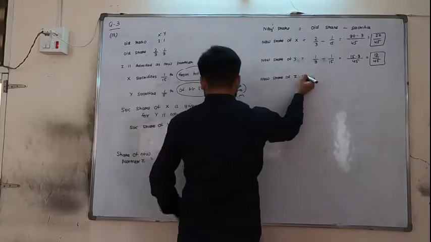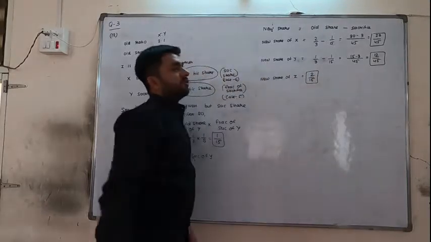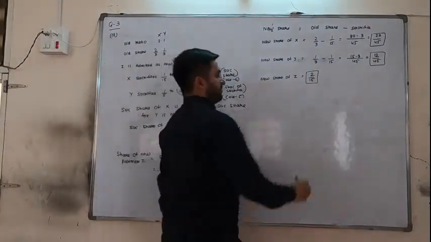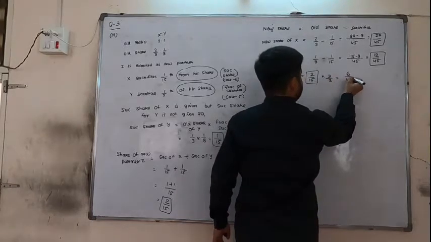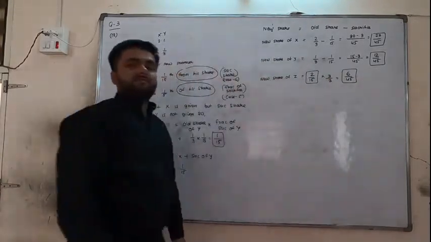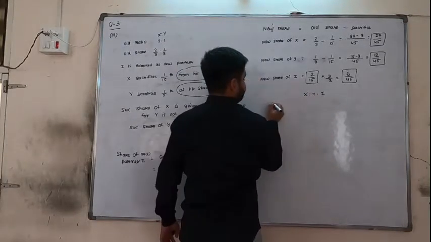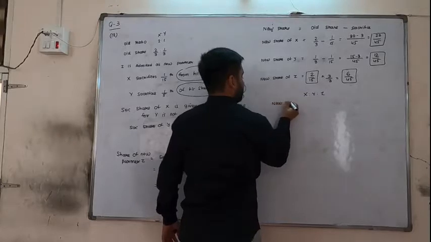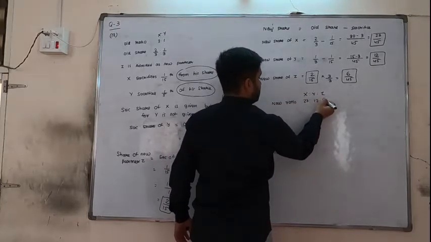New share of Z is 2/15. Now both denominators should be 45, so we multiply numerator and denominator by 3 and get 6/45. Now X is to Y is to Z, the new ratio is 27 is to 12 is to 6.